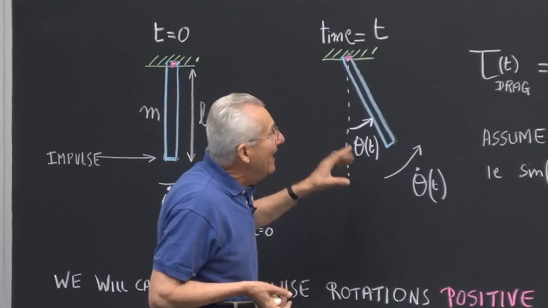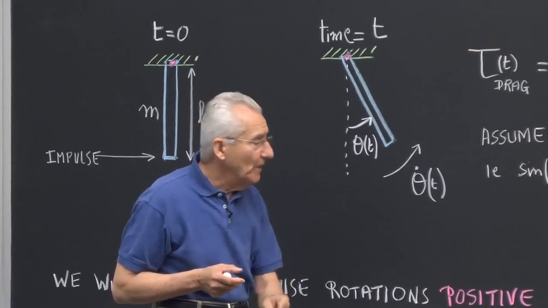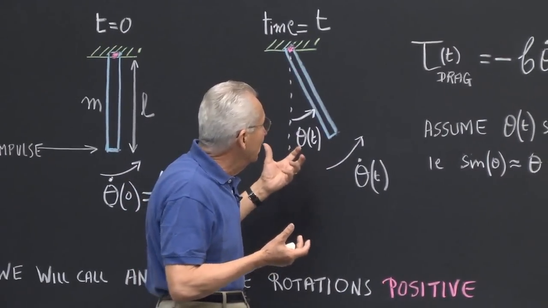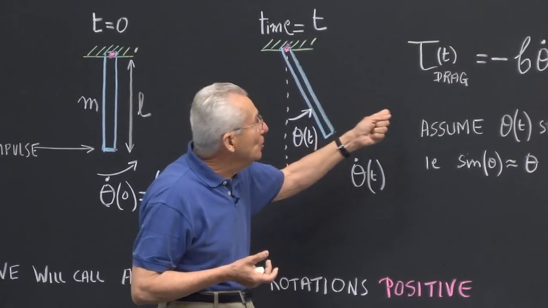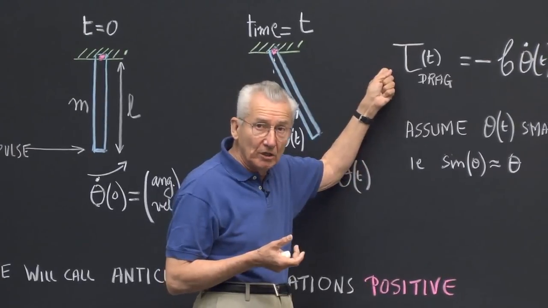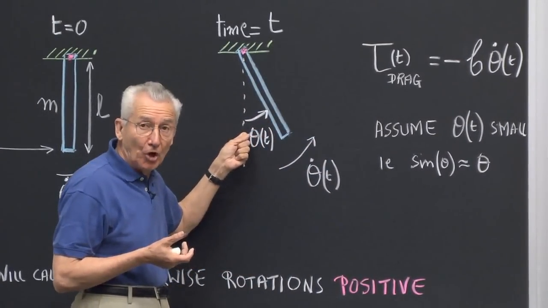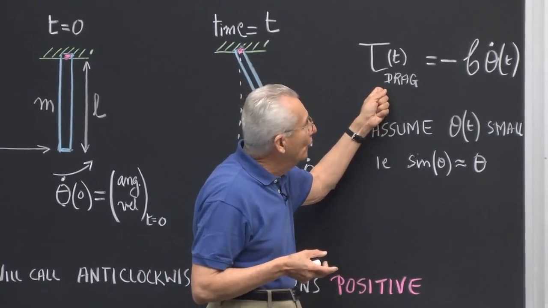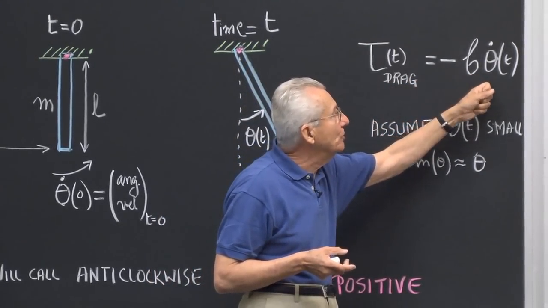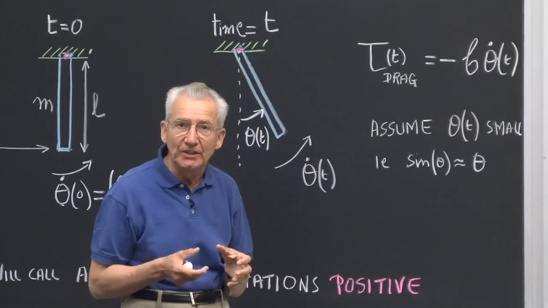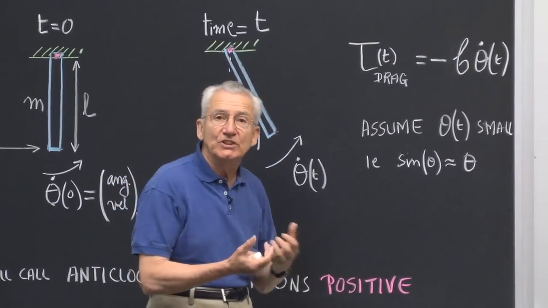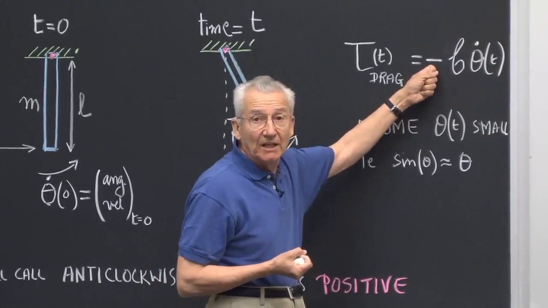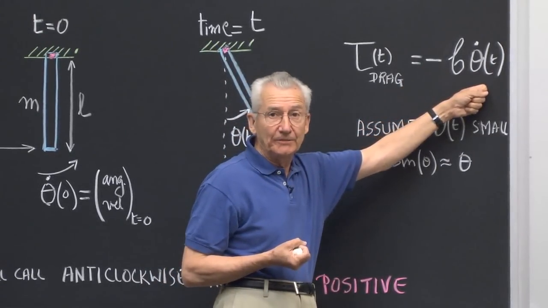Now, I am going to make the assumption that the presence of the damping mechanism exerts a drag torque on this rod, and that the drag force is proportional to the angular velocity. Since the drag force is in the opposite direction to the angular velocity, obviously, there is a minus sign here, and this is the constant of proportionality.